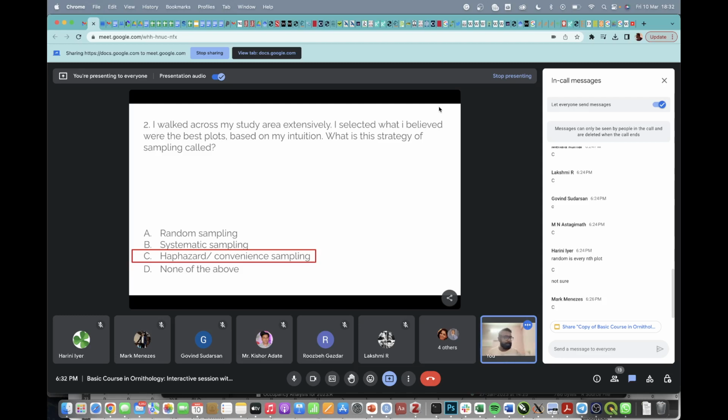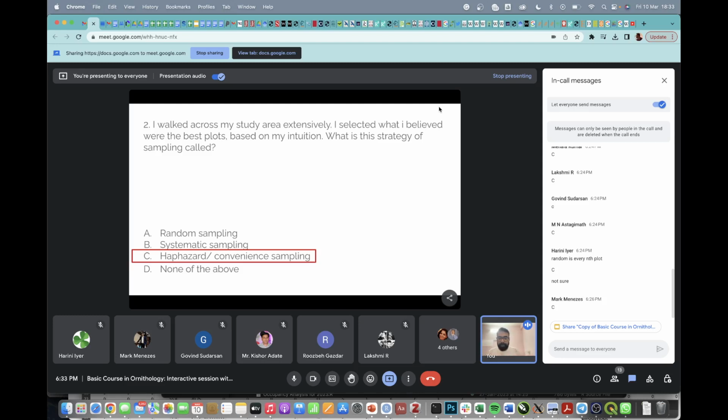So it depends on a lot of situations. For occupancy sampling, I think random sampling would work much better. But for something else, systematic sampling would. And there are a lot of other things that you can do with random sampling.